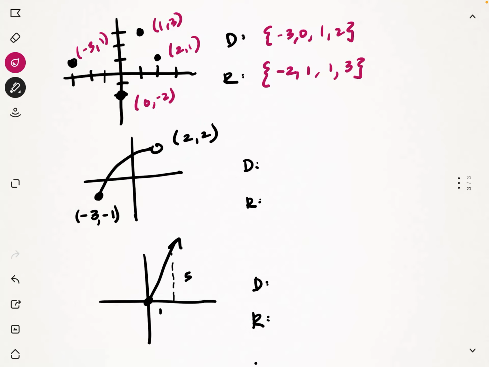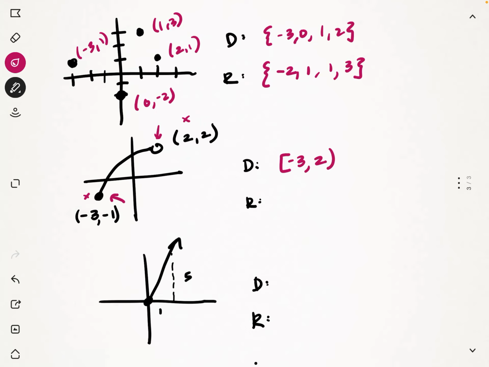Now on to the next one. This one, the domain is our x's, right? And do we notice that this point is included, this point is not included? So it goes from -3, the bubble is shaded, so we have brackets. And then it goes to +2, that one is not included, so no brackets.